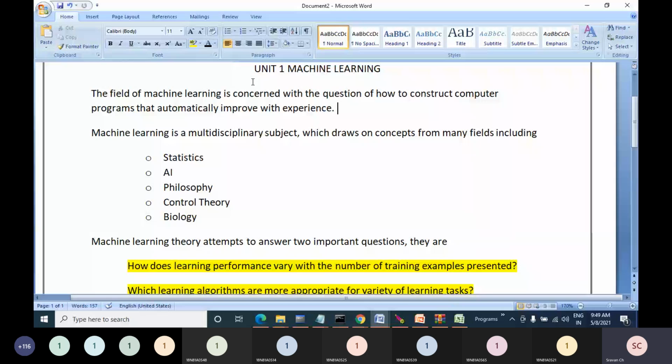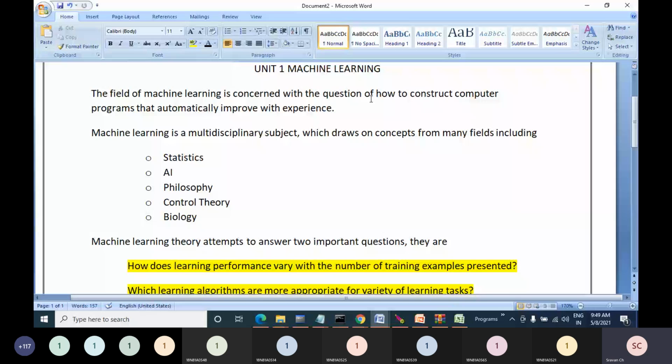So the field of machine learning deals with how to construct computer programs that automatically improve with experience. We will come back and try to understand this statement today with one beautiful example.